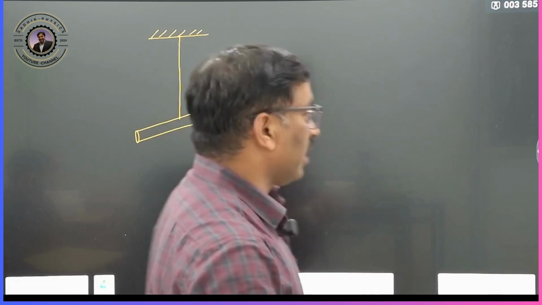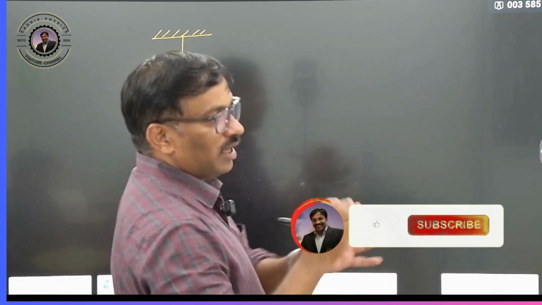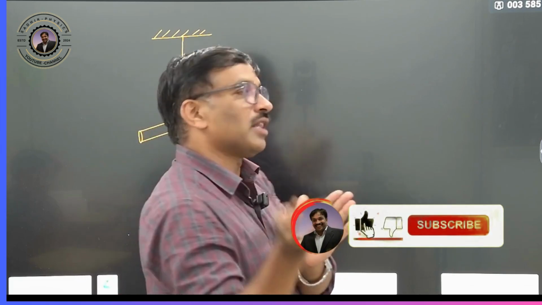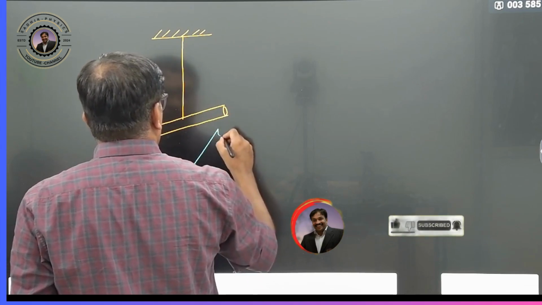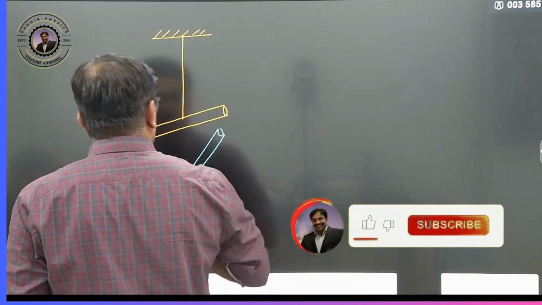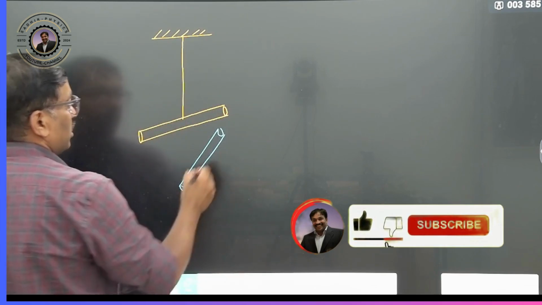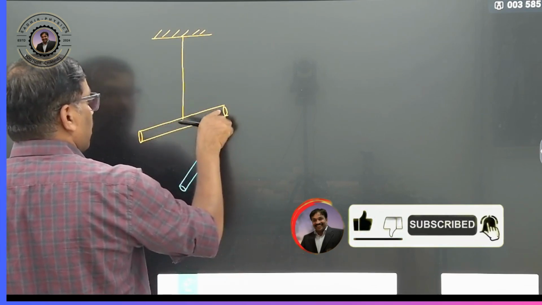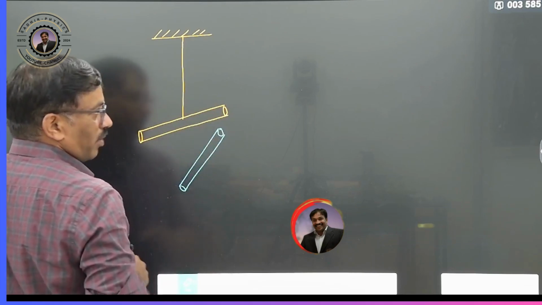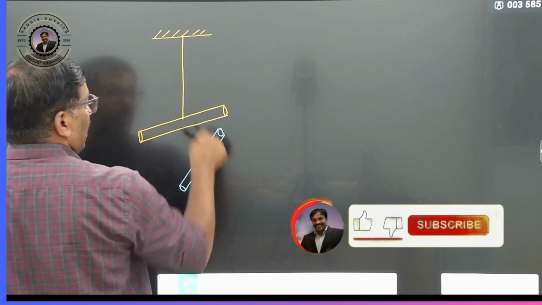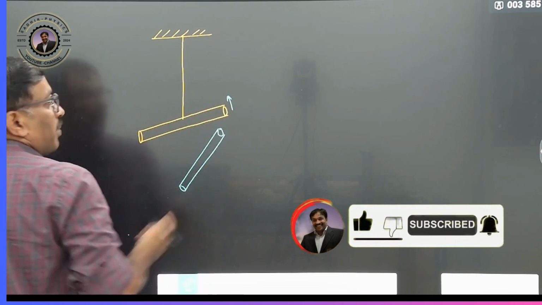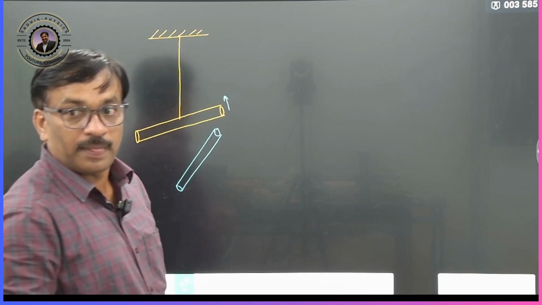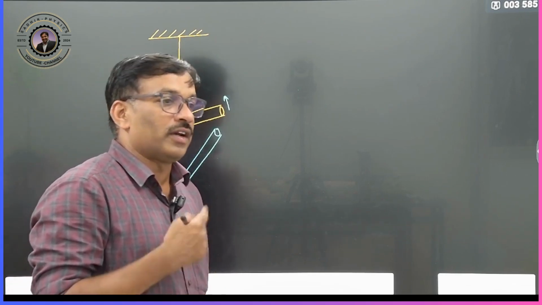Then with the same glass rod, rubbed with the same silk cloth, one more glass rod, we are going to bring very near to this one. This is having the same property, this also is having the same property. So what is happening now, like charges, this rod is going to repel each other, right? That means like properties will repel each other.